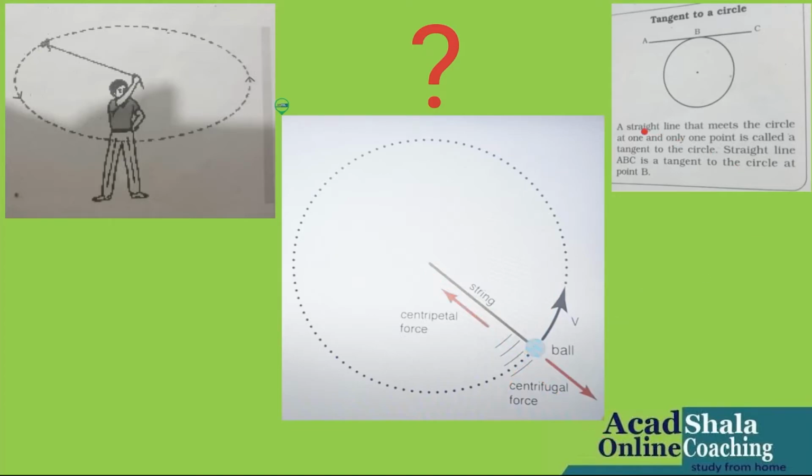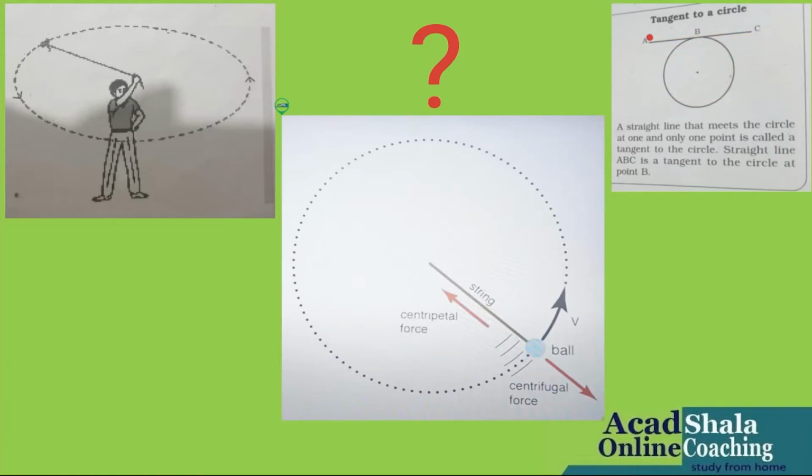That means a straight line that meets the circle at one and only one point is called a tangent to the circle.